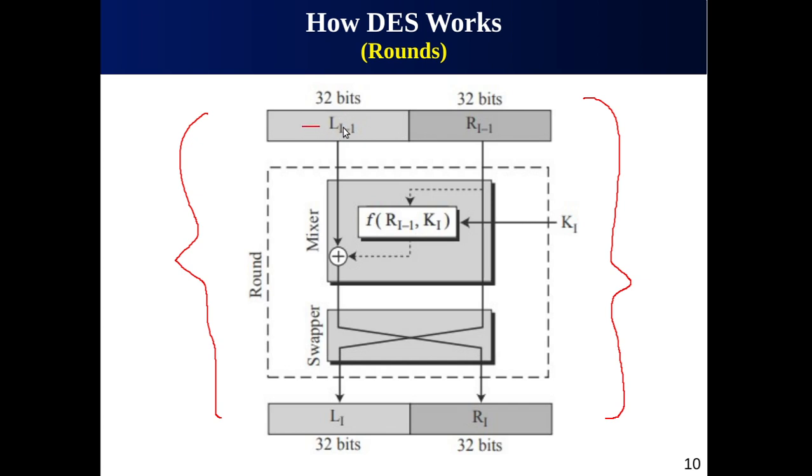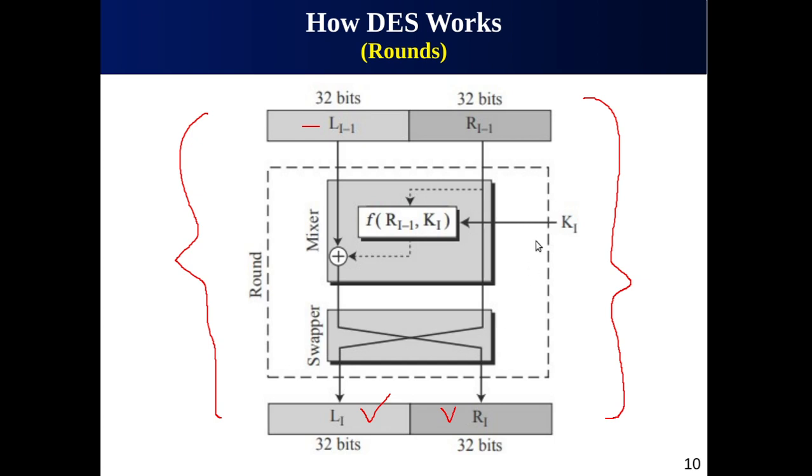The round takes L(i-1) and R(i-1), the 32 bits of the right-hand side from the previous round and 32 bits of the left-hand side from the previous round, or you can say from the initial permutation box, and then it will create Li and Ri, which go to the next round or the final permutation box.